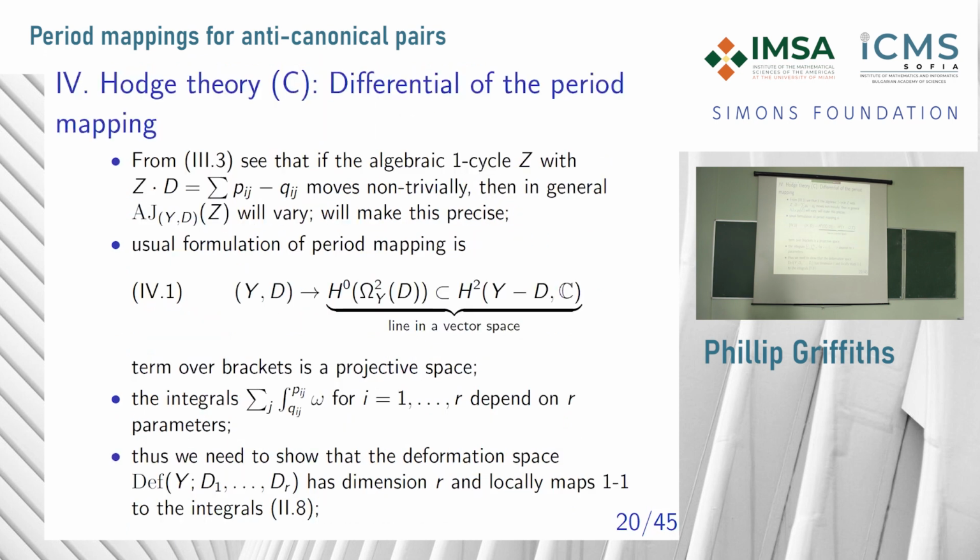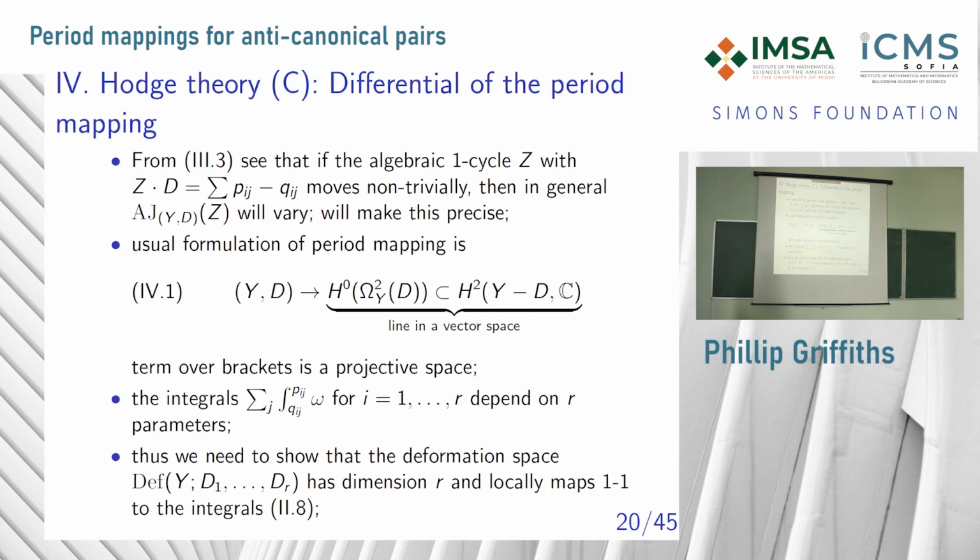So now we've described the period mapping. The next step is to compute its differential. This is done in almost the exact same way that you do for a smooth K3. So your pair maps to a line in this vector space.